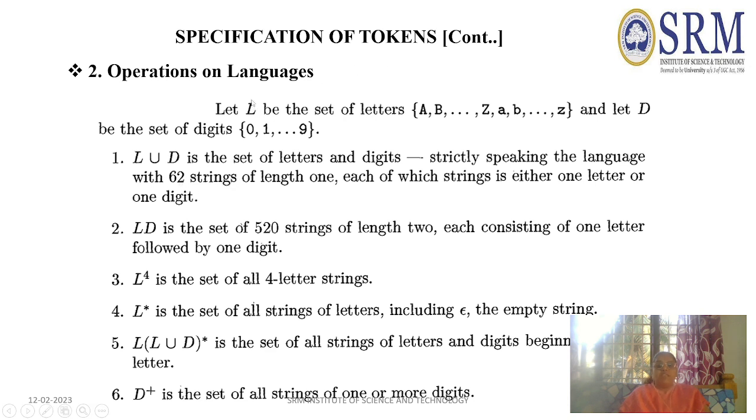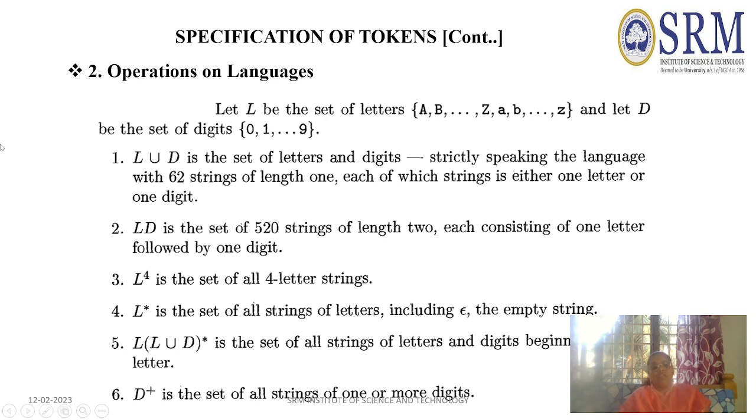So if I combine these two languages, it is going to have 62 strings of length 1. If I consider the length 1 alone, for example A individually, B individually, C individually, like that, all individual characters from A to Z, lowercase small a to small z, and the digits from 0 to 9 all together is going to be what? 62 strings of 1 character, 1 length.